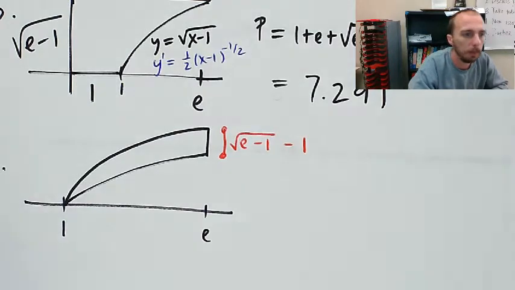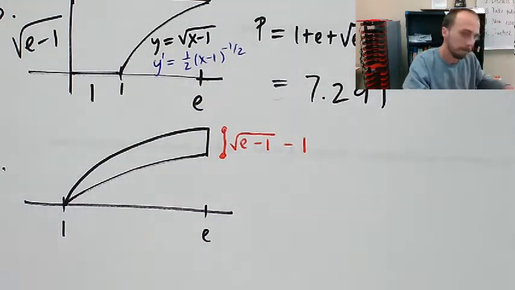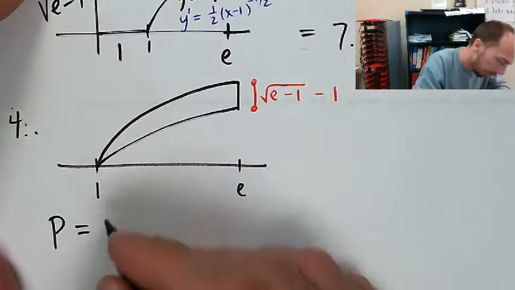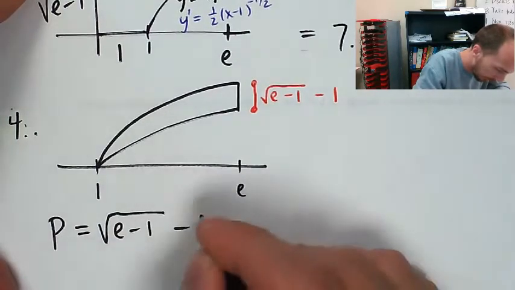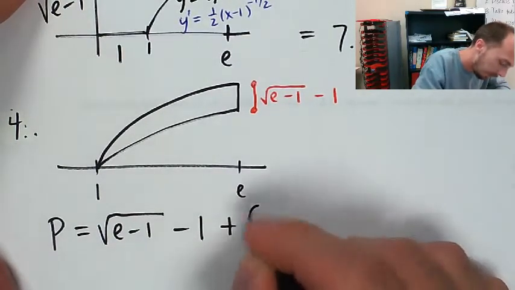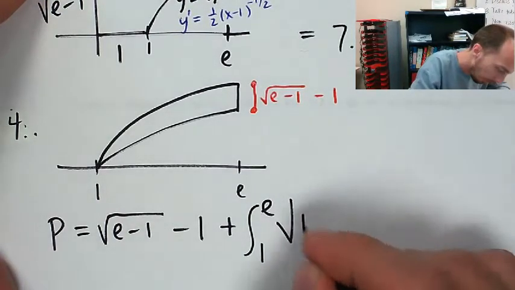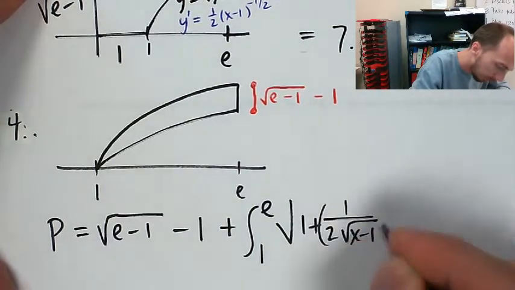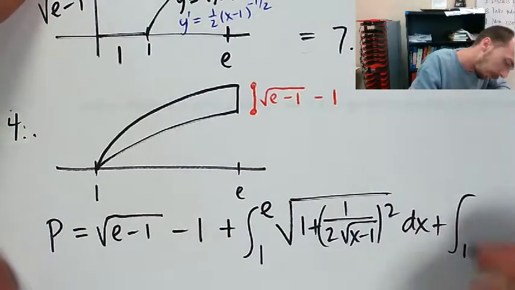And then I will say, all right, my perimeter is equal to square root of e minus 1 plus the integral from 1 to e of the square root of 1 plus 1 over 2 square root x minus 1 squared, then plus the integral from 1 to e.